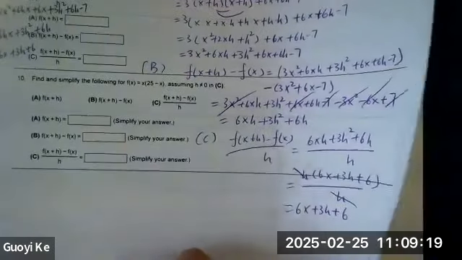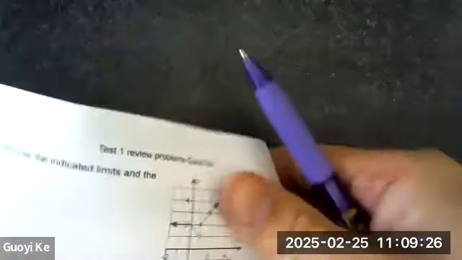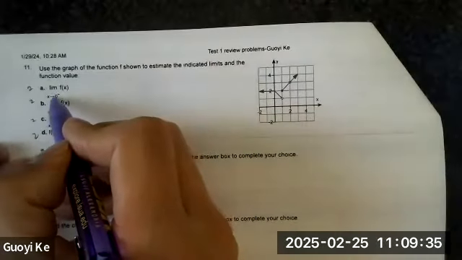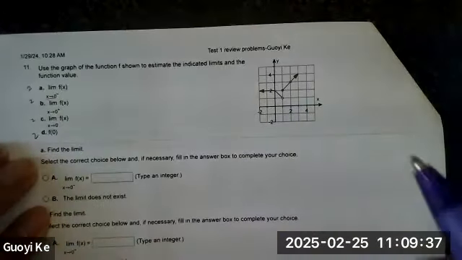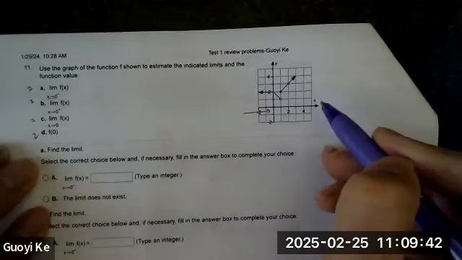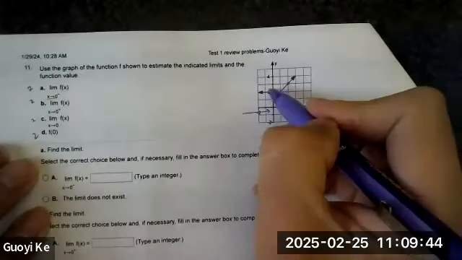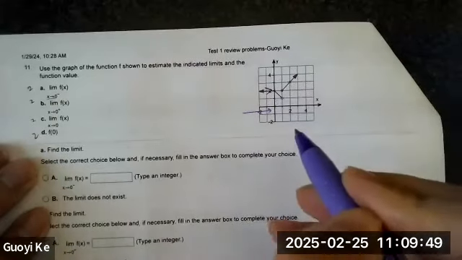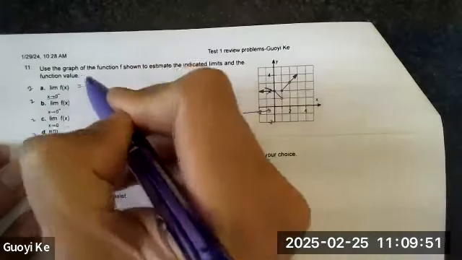Now let's go to problem 11. Let's address the odd number questions. Problem 11 is about limits. Here x approaches 0 from the left-hand side, so from the left-hand side we have this point. This point has y value that is 2, right?